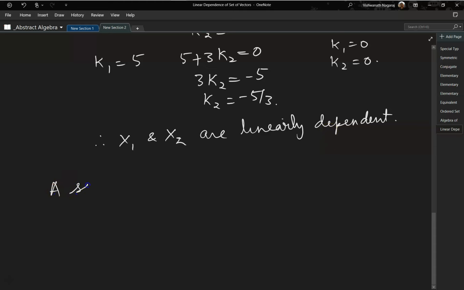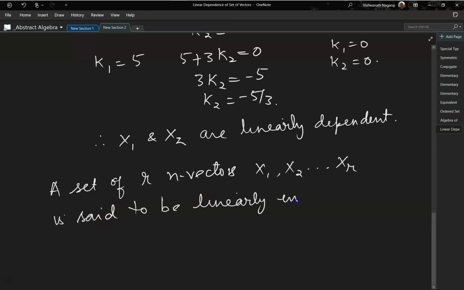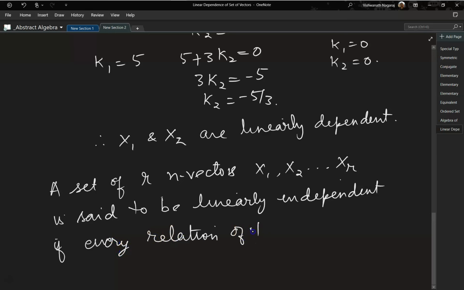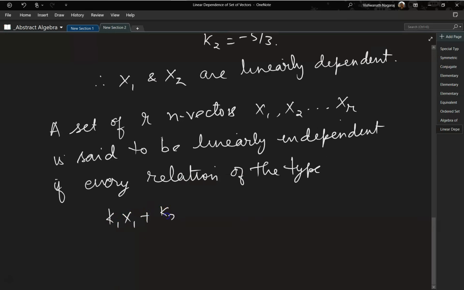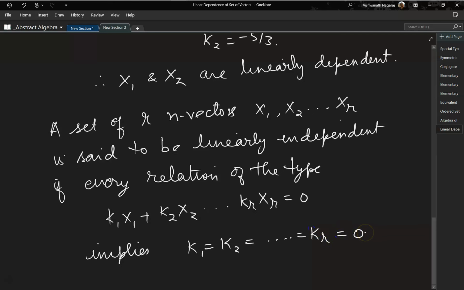So a set of Rn vectors x1, x2 and so on up to xr is said to be linearly independent if every relation of the type k1 x1 plus k2 x2 and so on up to kr xr equal to 0 implies that k1 equal to k2 equal to kr is equal to 0. That means they are all zeros.